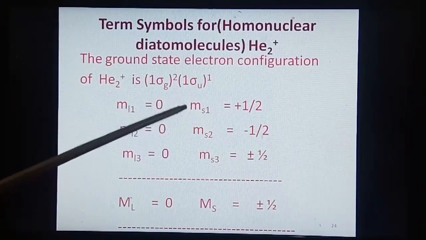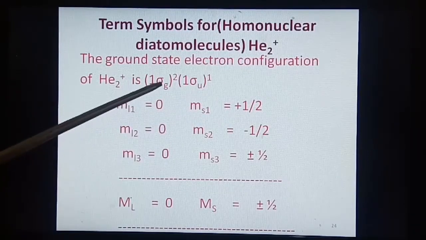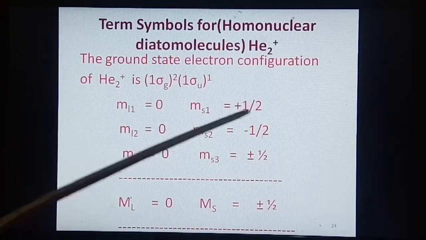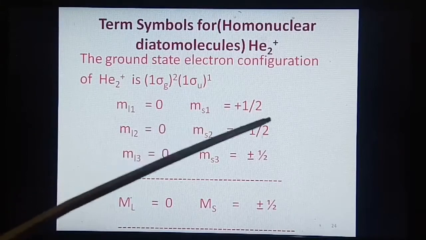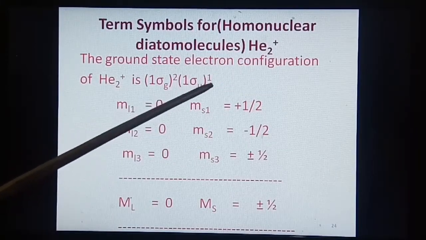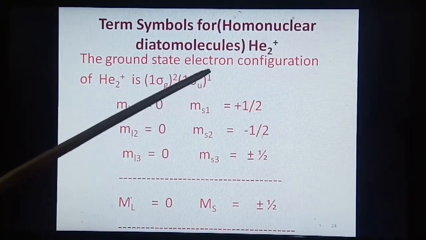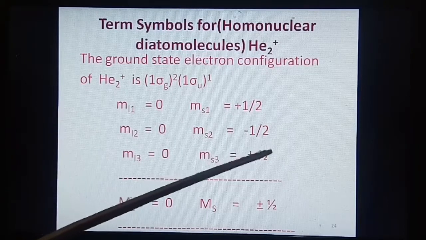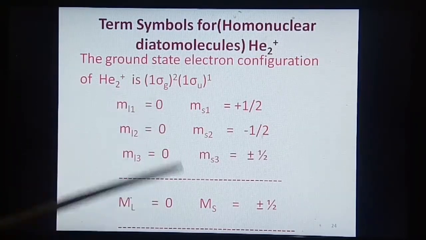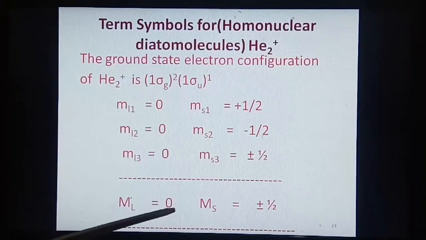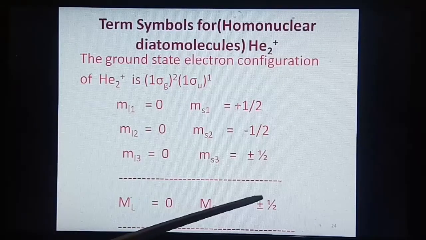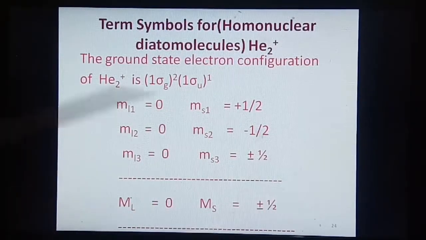Then we will take the ms values. This ms value is plus half, this is minus half, and this may be plus or minus half. So the total capital ML value will be 0 and the MS value is equal to plus or minus half.